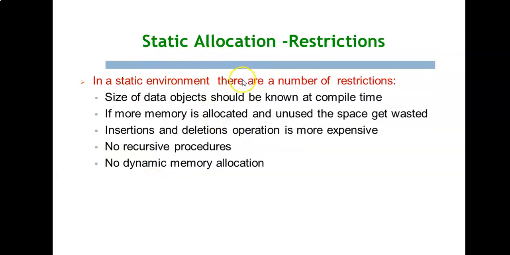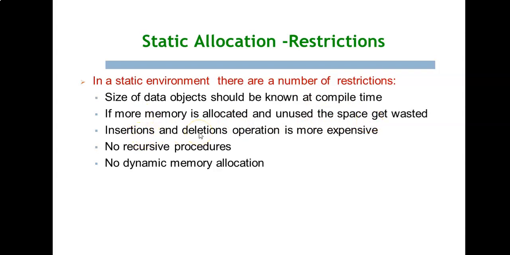Now we are going to see the restrictions of static allocation. The size of the data object should be known at compile time, so you have to decide the size of objects at compile time itself, because it cannot be increased or decreased. If more memory is allocated for a particular variable and it is unused, the space gets wasted.